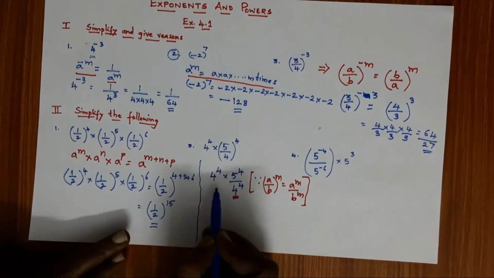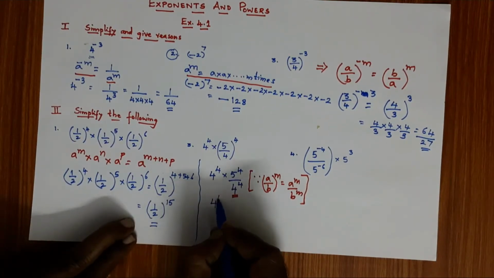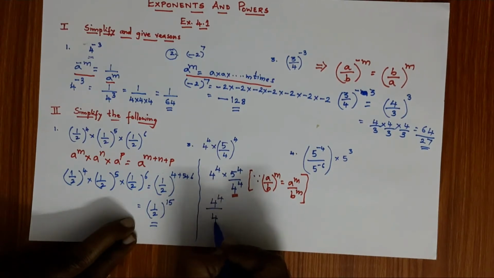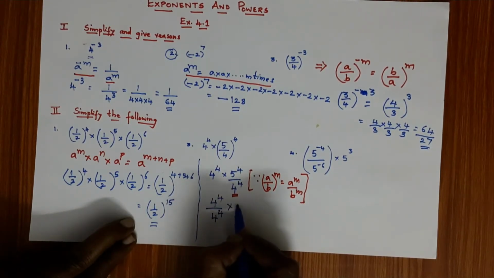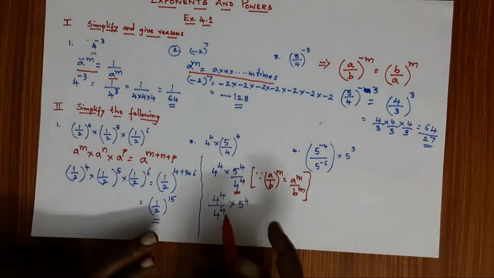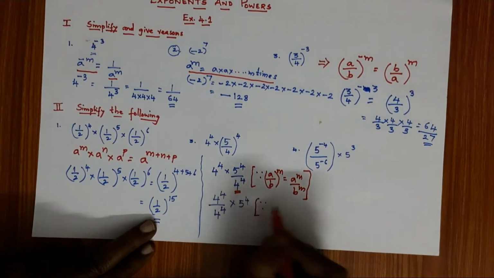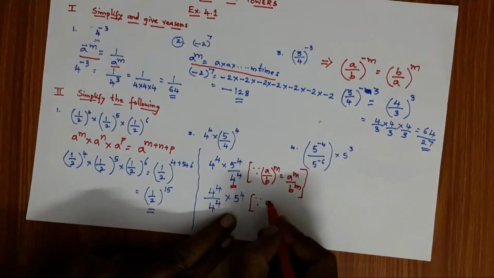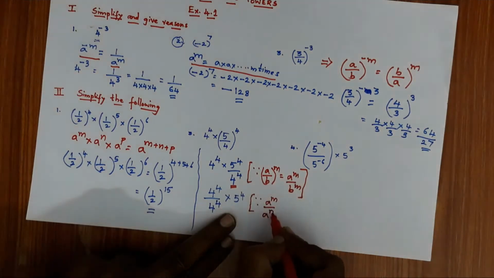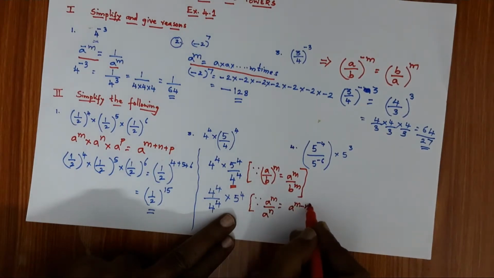Now you separate the same values: 4 to the power of 4 by 4 to the power of 4 into 5 to the power of 4. Now see here, 4 to the power of 4, 4 to the power of 4. Again there is a law: a to the power of m by a to the power of n can be written as a to the power of m minus n.